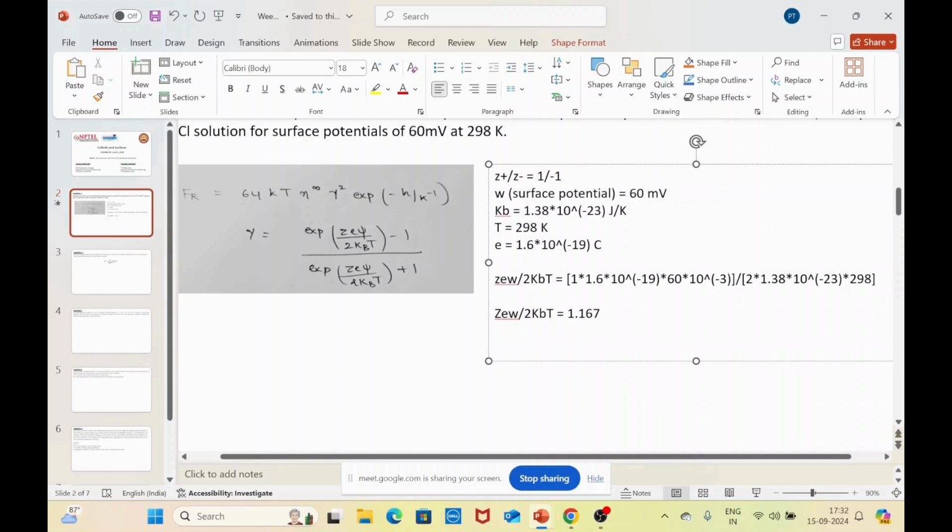So we have to take exponential of this value: exponential of 1.167 minus 1, by exponential of 1.167 plus 1.